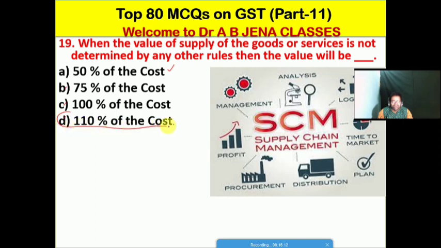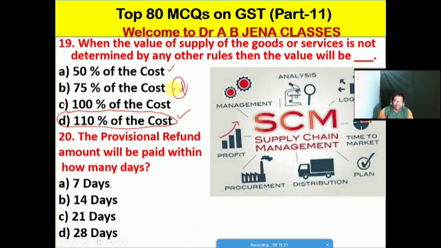Friends, so D is the right option for this MCQ. When the value of supply of goods or services is not determined by any other rules, then the value will be 110% of the cost. So D is the right option for this MCQ.